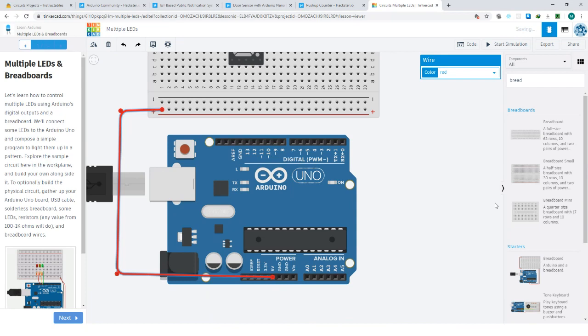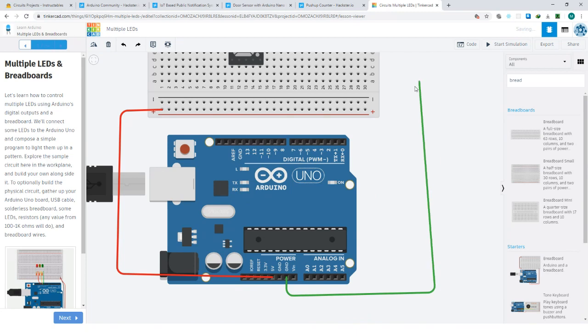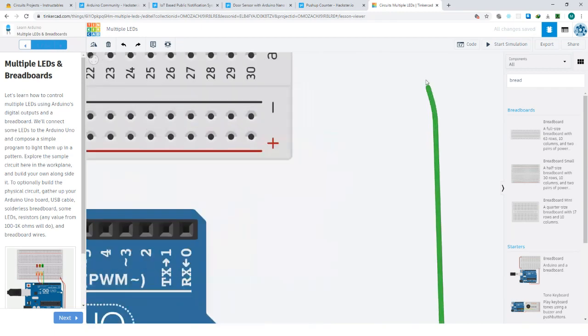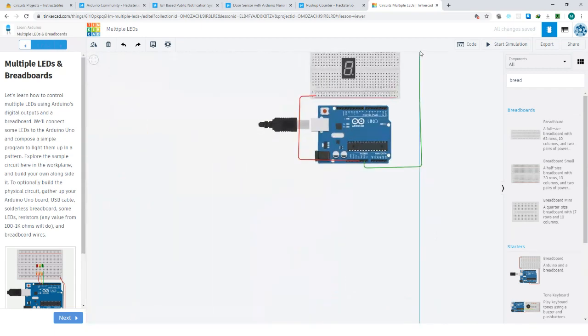And then now we also need to get ground. Oh, sorry, you see when it passes through the Arduino, it may confuse people. So I want to make it look a bit neat. Let us take it up.